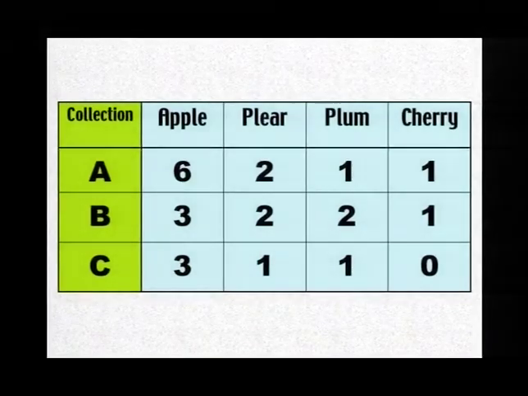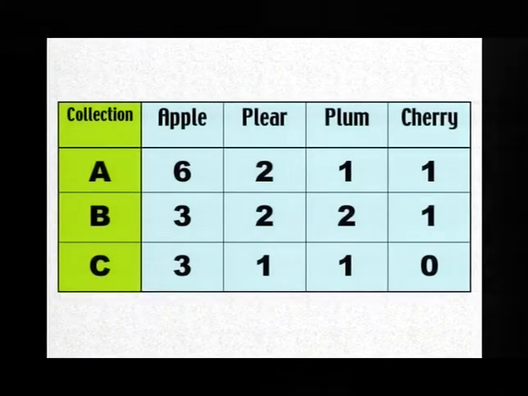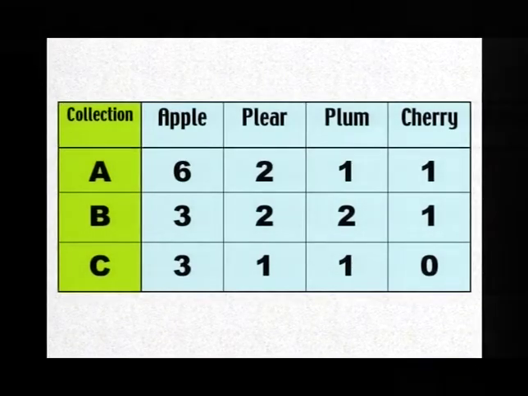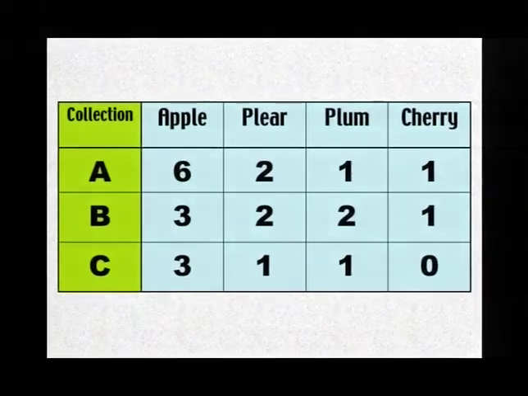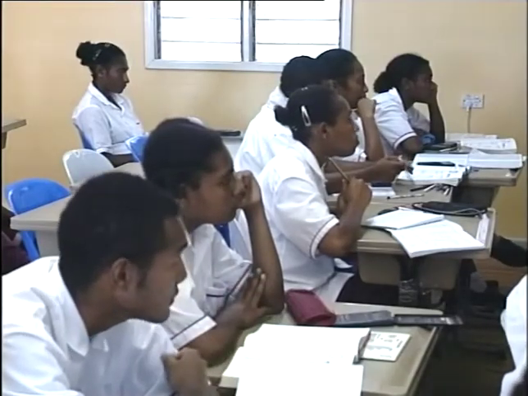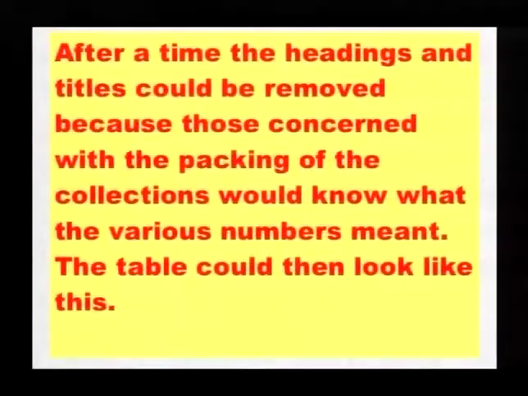Because he is smart and he knows exactly that A, B, and C represent a collection and the numbers represent the number of trees of each type in that particular collection, he doesn't need to put a table, so he decides to write it in the form of a matrix.